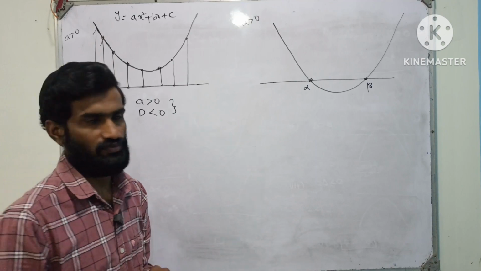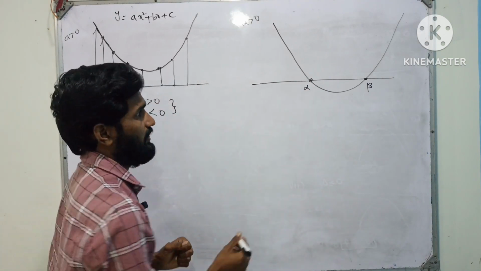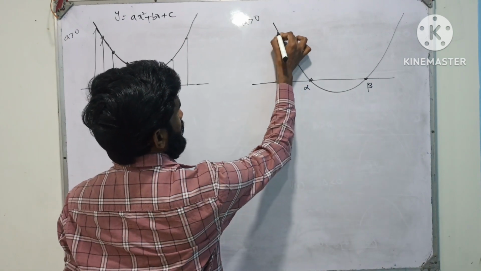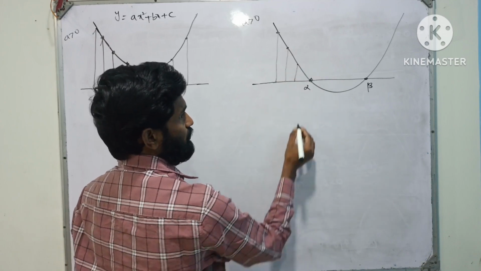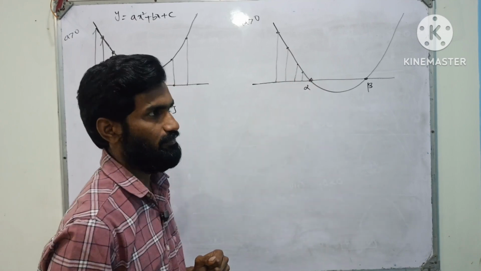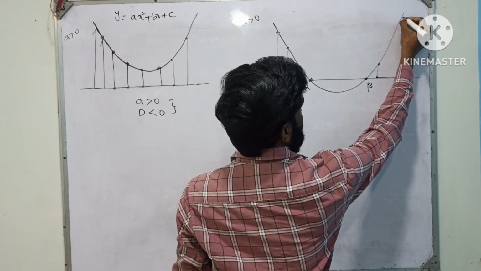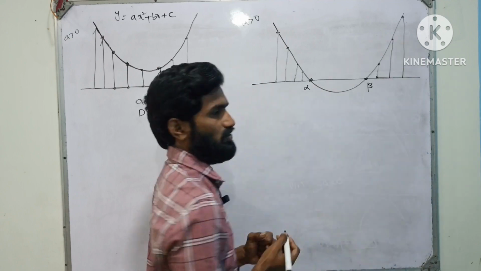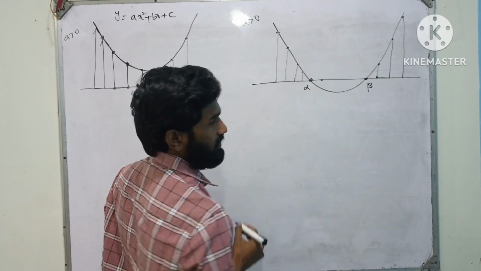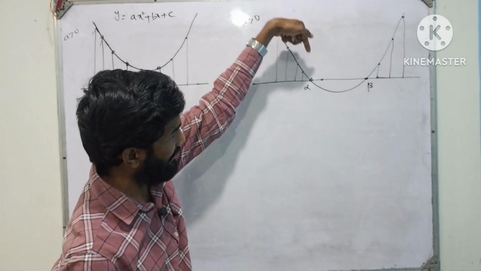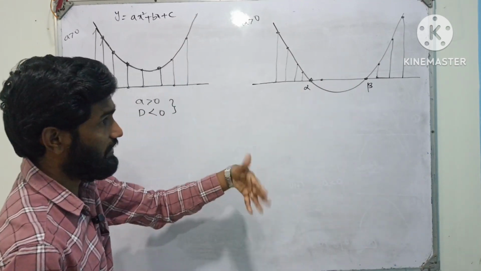Now observe this one. At these points you are getting positive, but at this point you are not getting positive, you are getting negative values. Where are you getting positive?